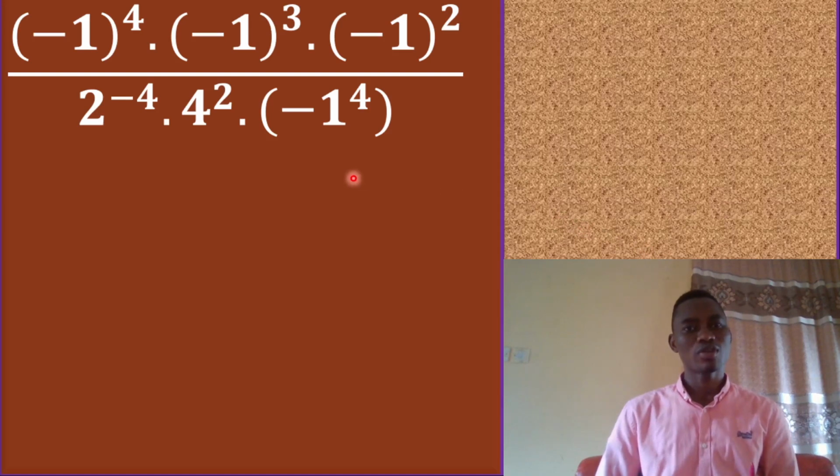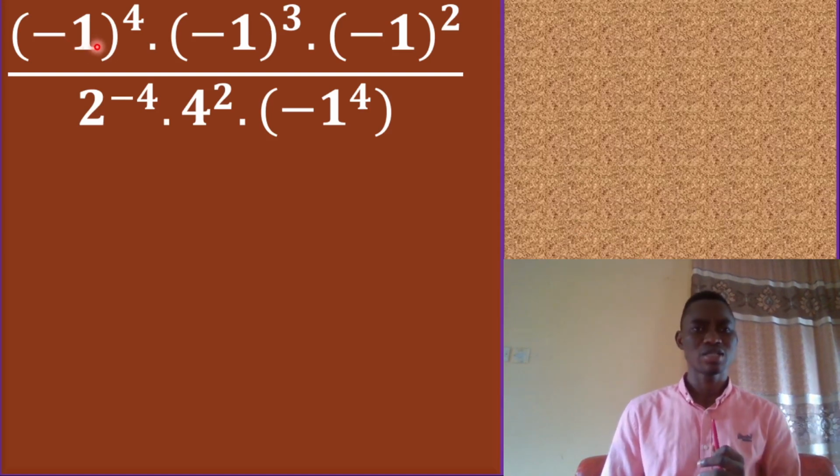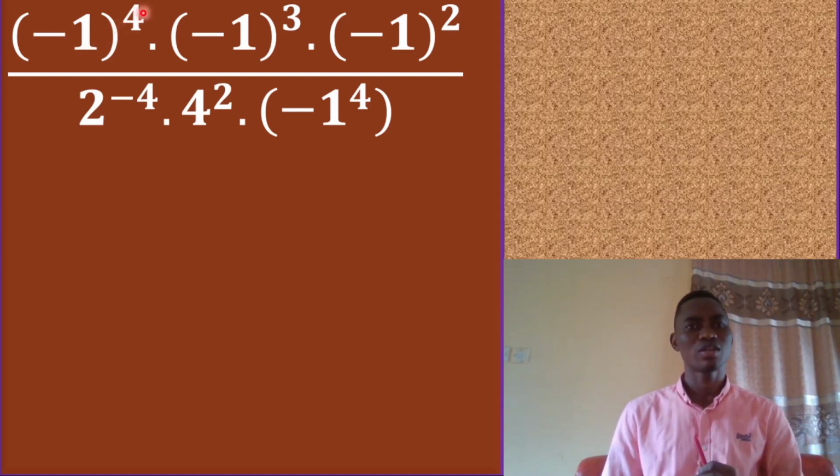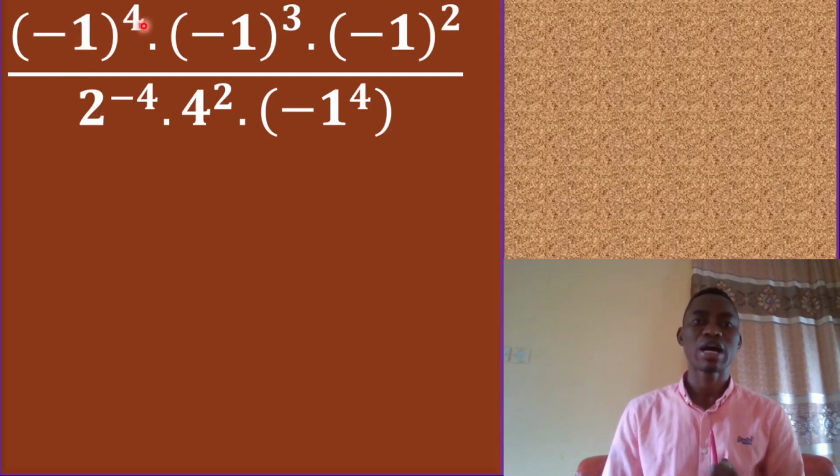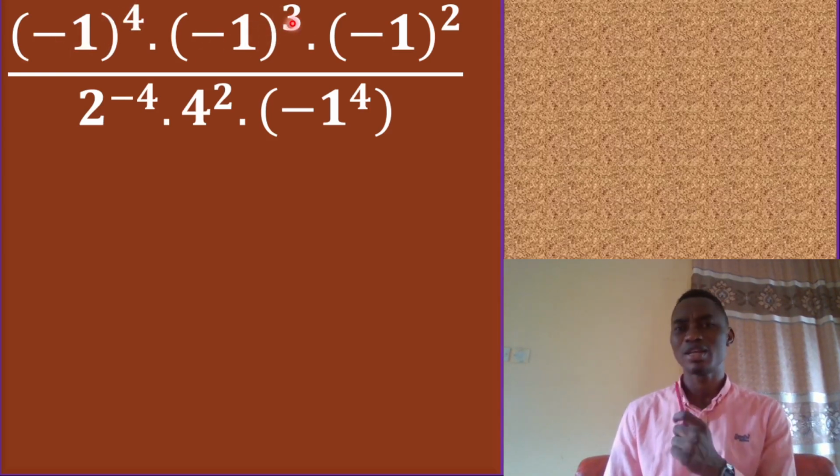Okay, now this is the question here. From what we learned in the previous slide, our result here is going to be positive. Why? Minus 1 is enclosed in a bracket, and we have an even power. So we are expecting a positive result here. Then here, we should be expecting a negative result.